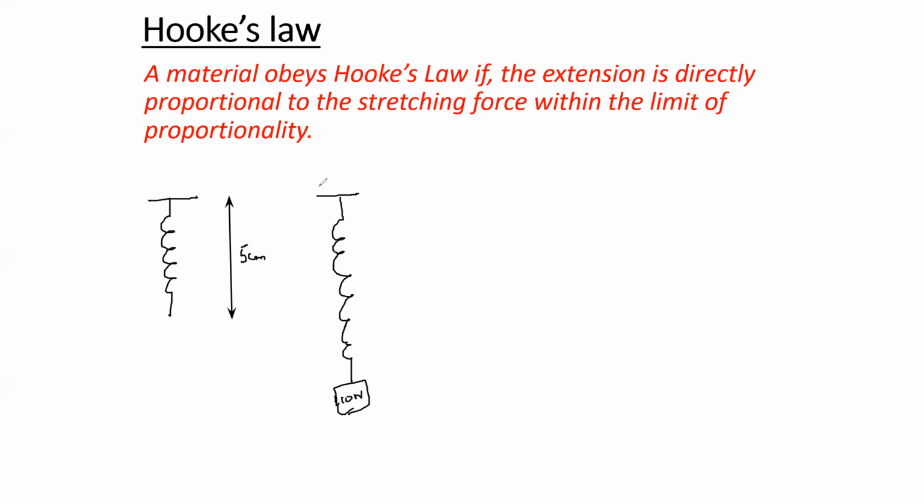When we attach a load of 10 Newton, the length of the spring, for example, is 7 centimeter. What is the extension here? Extension means increase in length. So it is extended by 2 centimeters. So extension is 2 centimeter.